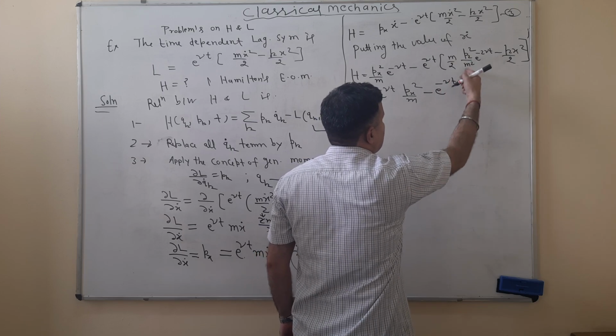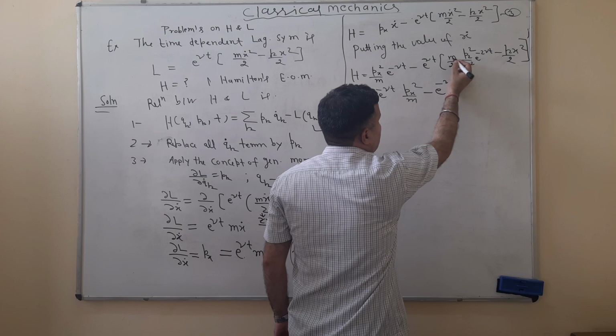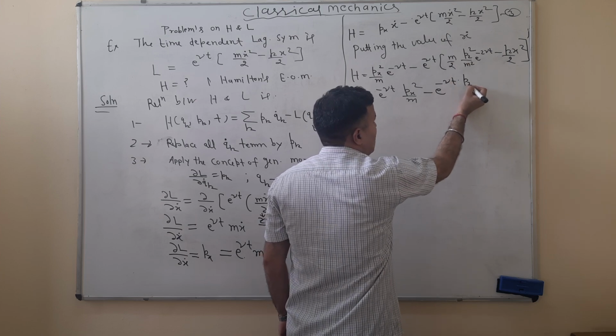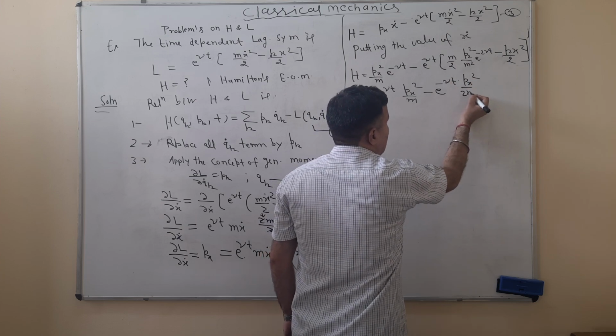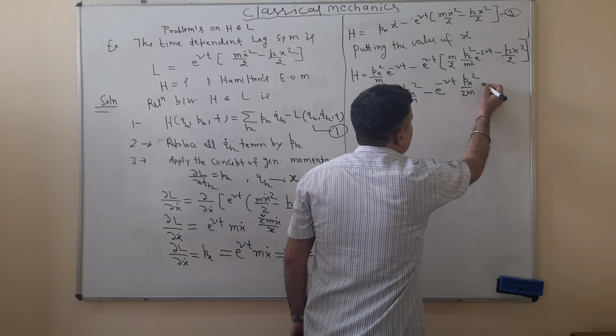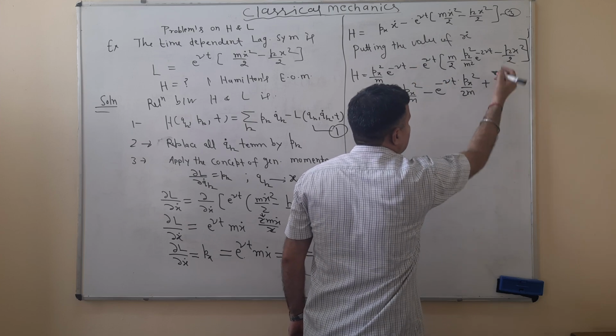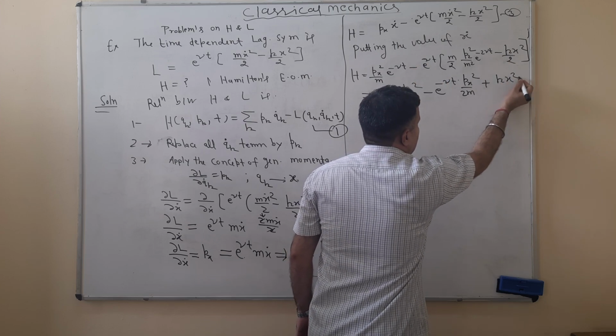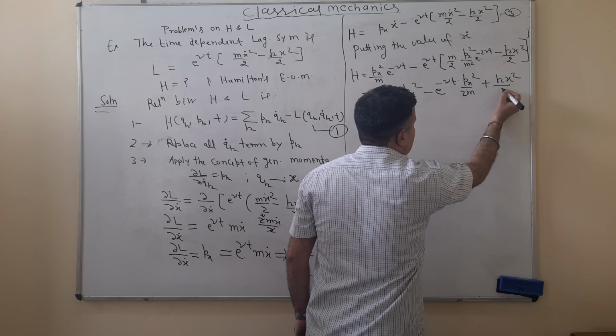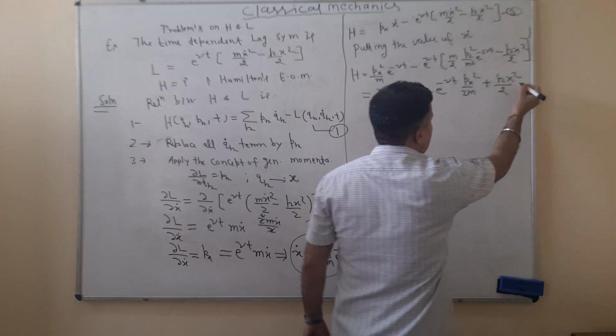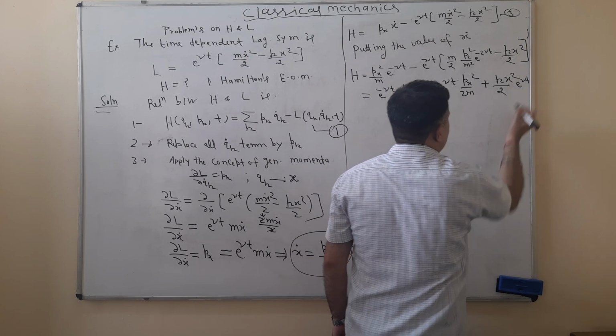And what about this? This m will cancel out, so we have px square by 2m, plus, because this minus becomes plus, kx square by 2 into e to the power nu t.